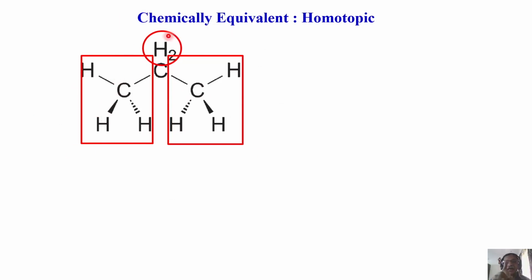This CH2 will give a single peak. What about the carbons? Exactly the same. This carbon is chemically equivalent to this carbon, and both these carbons are inequivalent with this carbon. So again, there are 2 types of carbons. You get 2 peaks in the carbon 13 NMR.